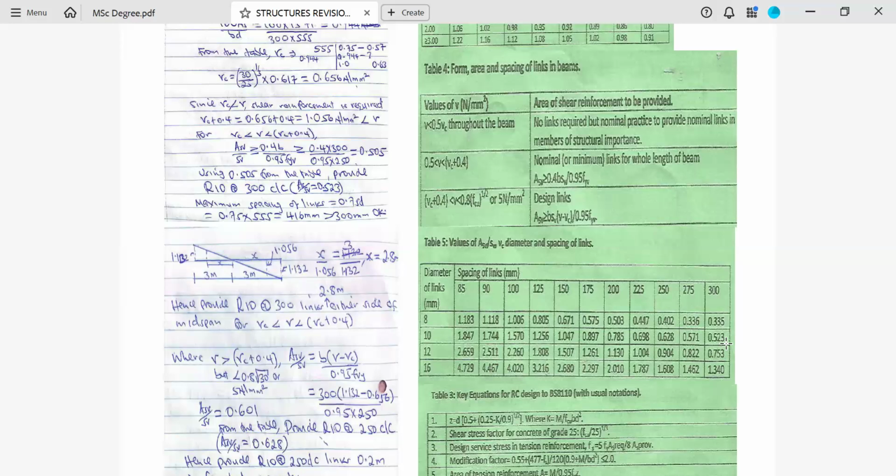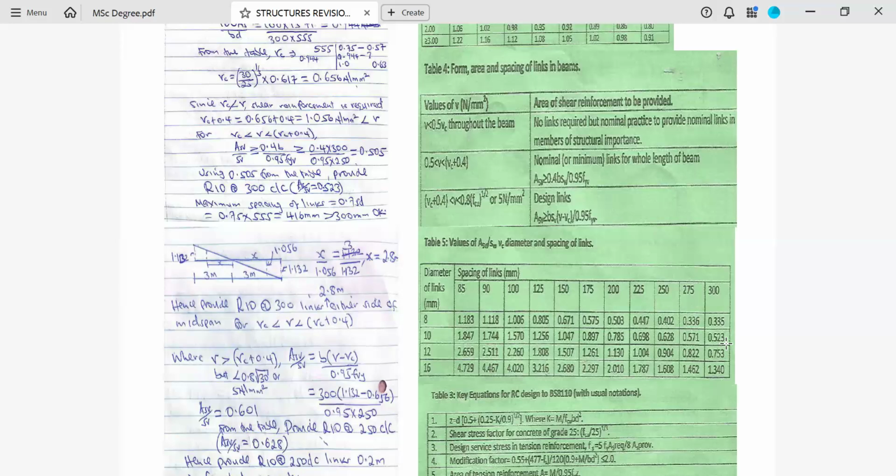Now how do we compute where the first case will be? Our beam is 6 meter, we divide it into 3 meter and 3 meter. Remember the shear force is highest at the ends, which is our shear force, but now we converted it to shear stress, which was 1.132.